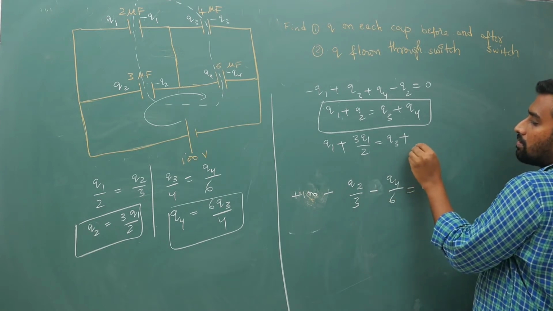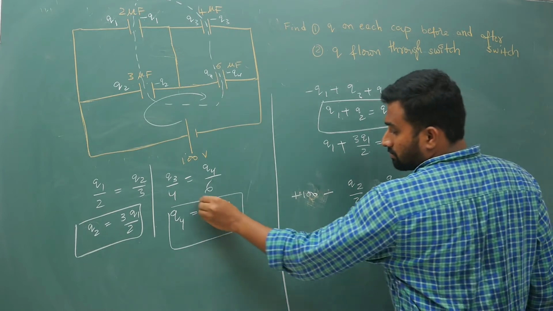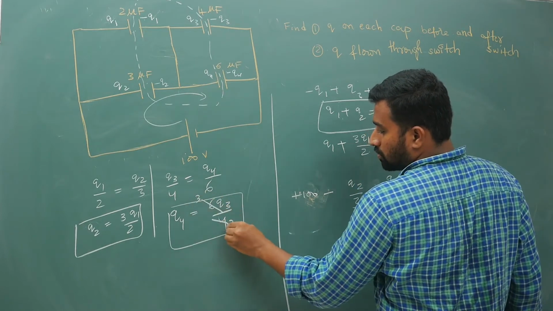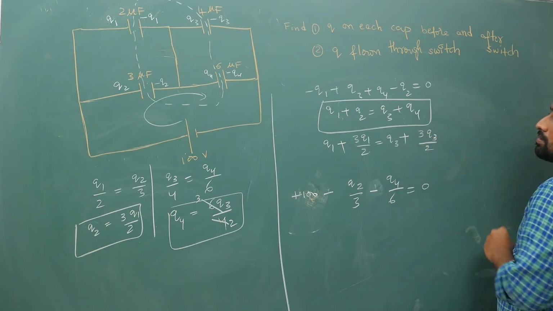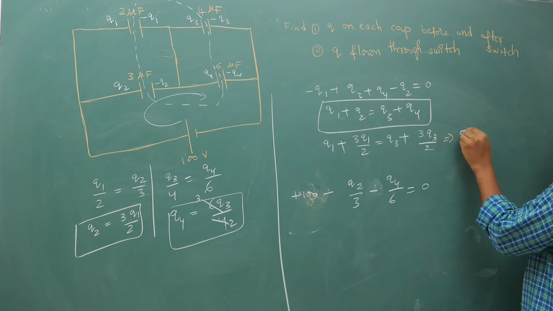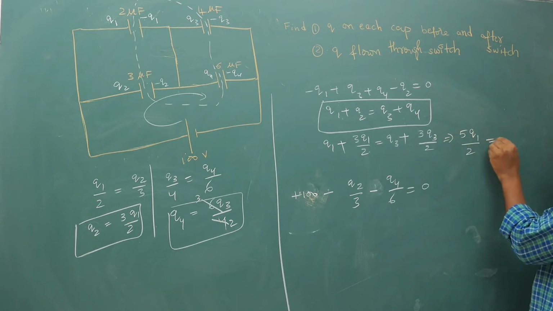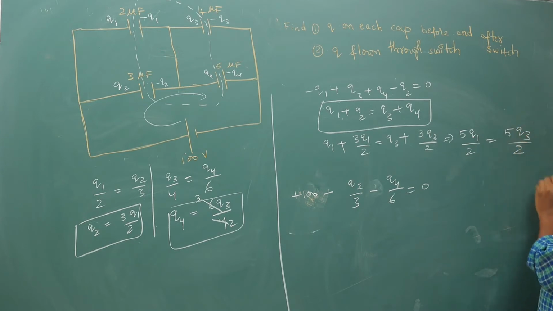I can write it as 3q3 by 2. So 2 plus 3 it is 5. 5q1 by 2 is equal to 5q3 by 2.